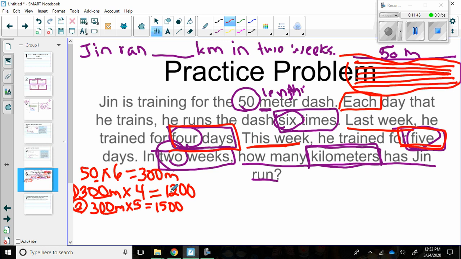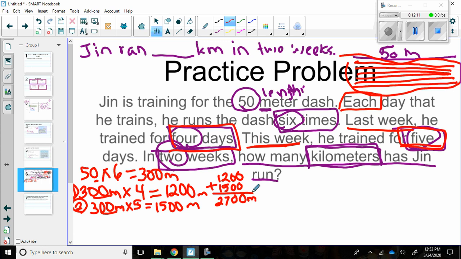He ran 1,500 meters the second week. So it's asking me in 2 weeks how much did he run. So I need to add week 1 with week 2, for a total of 2,700 meters.